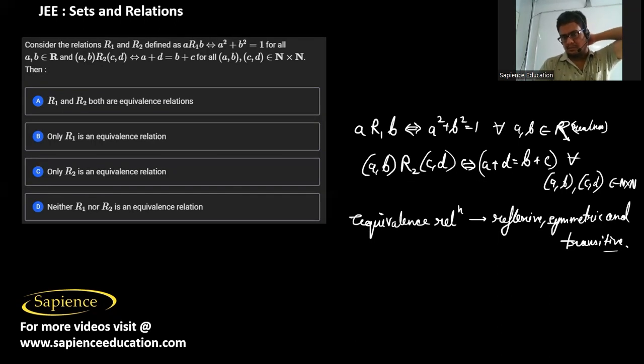Here it is told a square plus b square should be equal to 1. It should be reflexive.